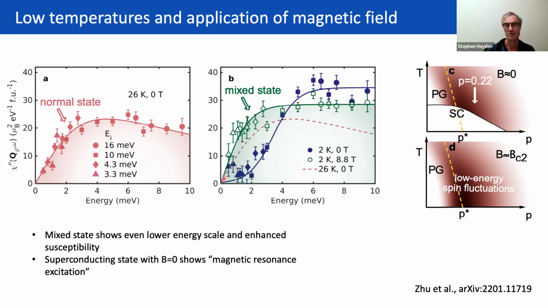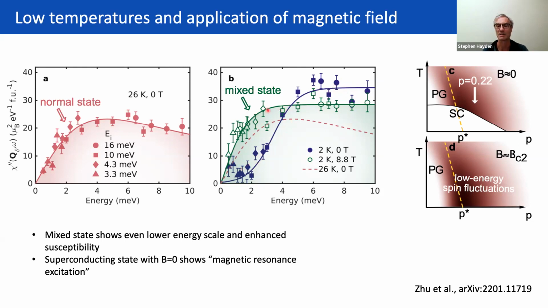So let's now take the field off and see what the superconducting part looks like. There's a suppression of the response at low frequency, as you'd expect, and then an increase up here. This increase is the so-called resonance that we're seeing. So the superconducting part looks like that.